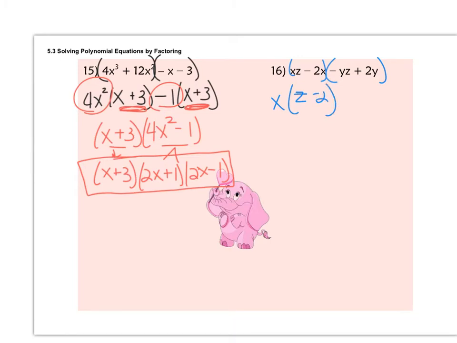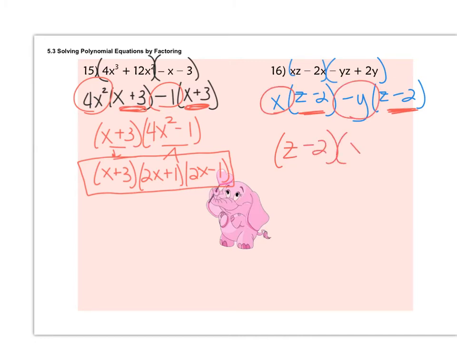From the second set, I'll take out a negative y, which leaves me with a positive z minus 2. Once you've taken out GCFs from both, let's take out the common factor here, which would be z minus 2. And we'd be left with x minus y.